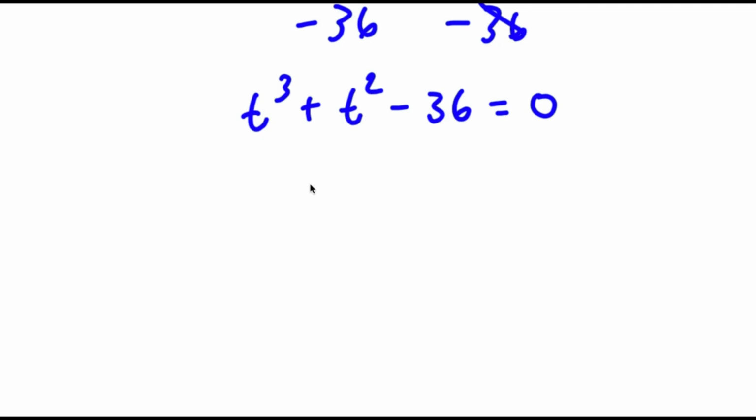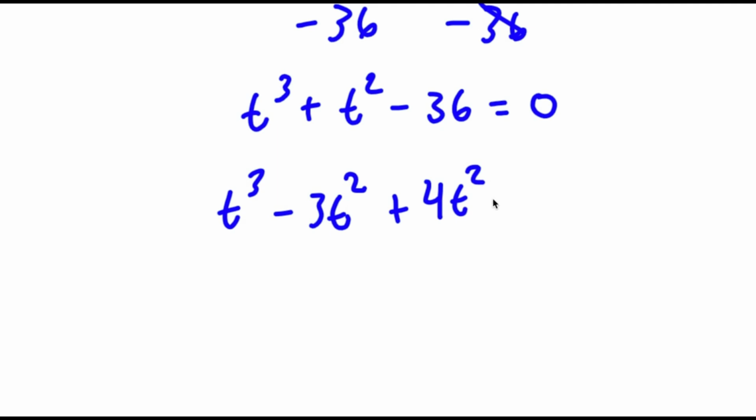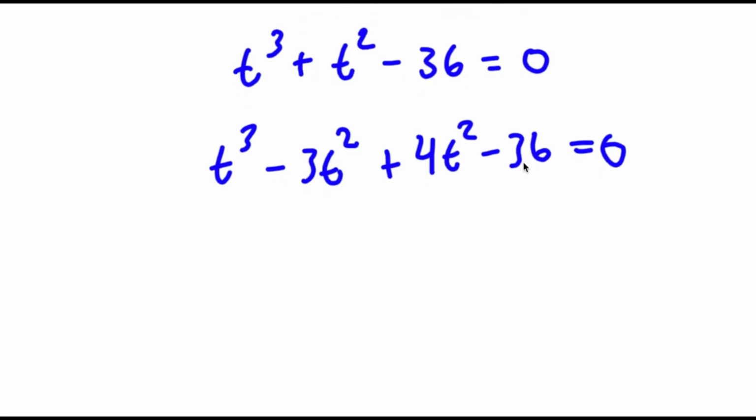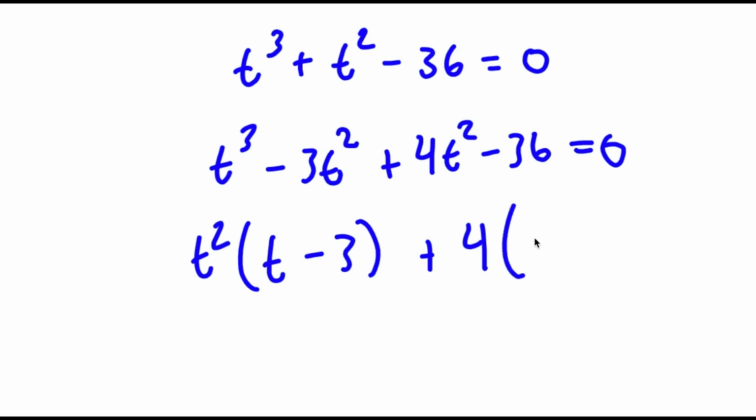So what I'm going to do is rewrite this as t to the power of 3 minus 3t squared plus 4t squared minus 36 is equal to 0. And now, if I factor out t squared from t to the power of 3 minus 3t squared, I get t squared times t minus 3 plus, now I have 4 times t squared minus 9.